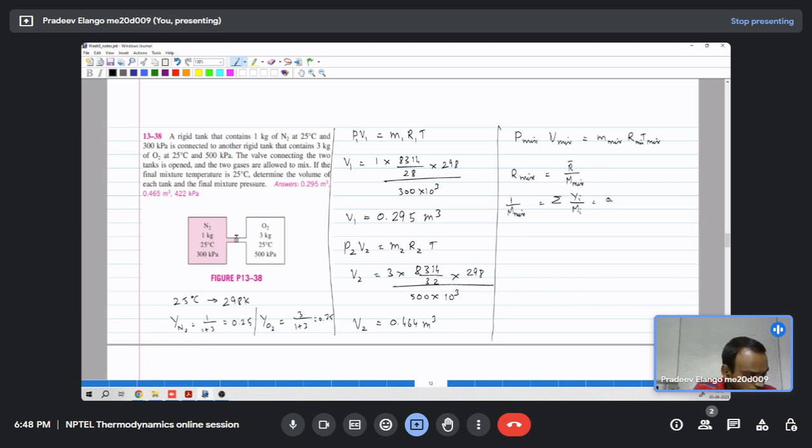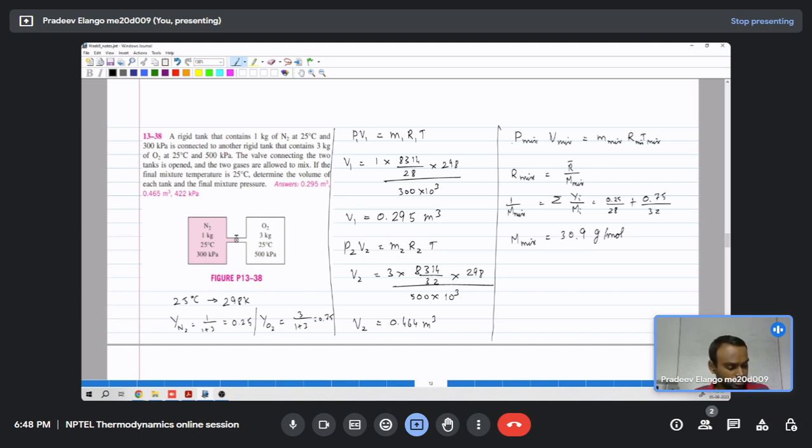Now we have 0.25 divided by molecular weight of nitrogen, 28, plus 0.75 by molecular weight of oxygen, 32. And if we take the reciprocal, we get the value of molecular weight of the mixture. So this is 30.9 gram per mole.